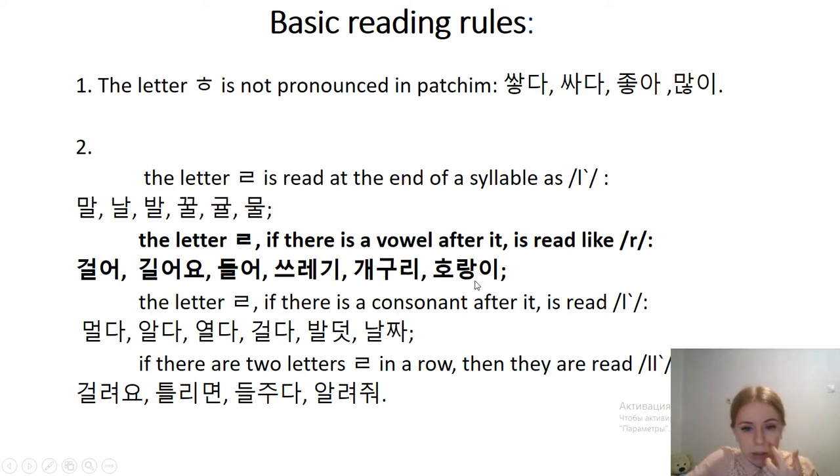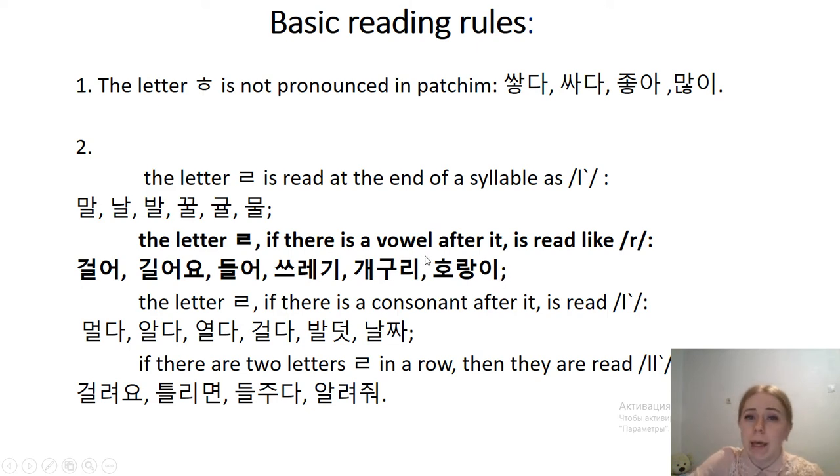Here it's a consonant circle, but here it's just a sign, it's just a circle, we don't read it. Instead we read vowel sound E. So we have 호랑이, 호랑이, 호랑이.